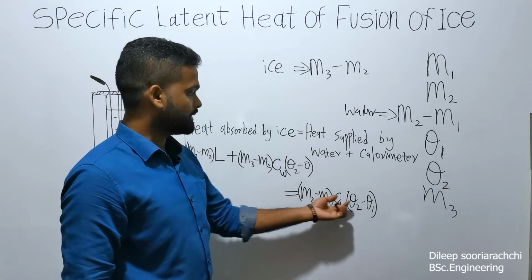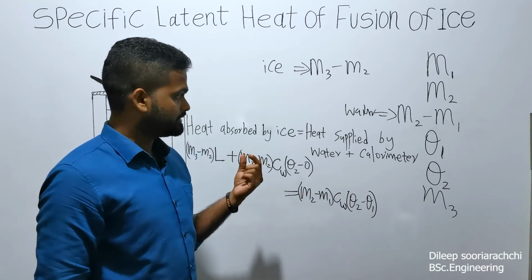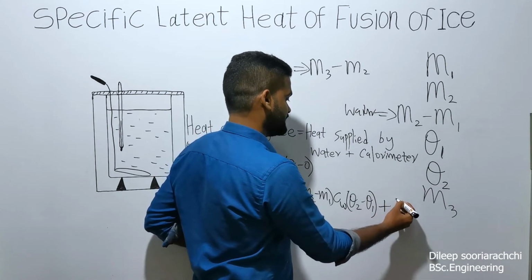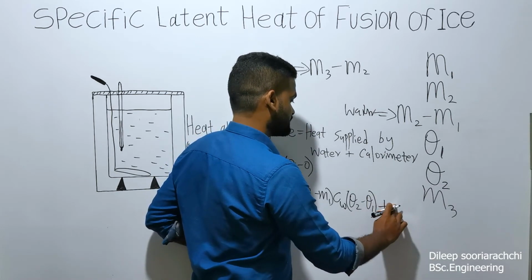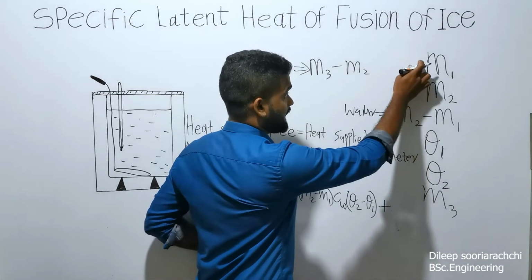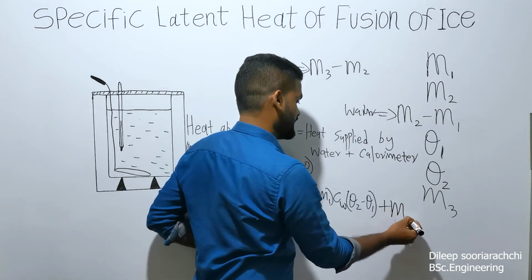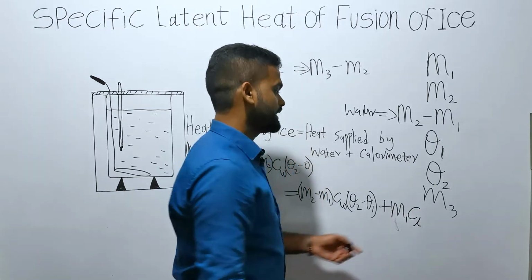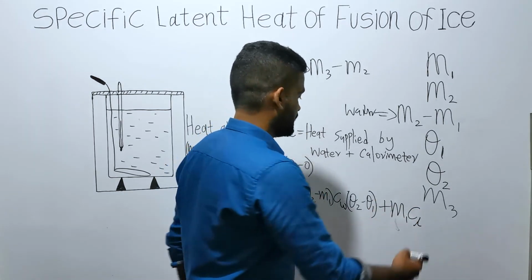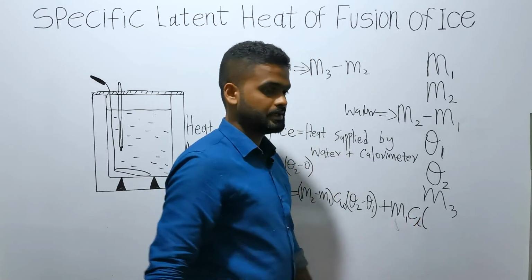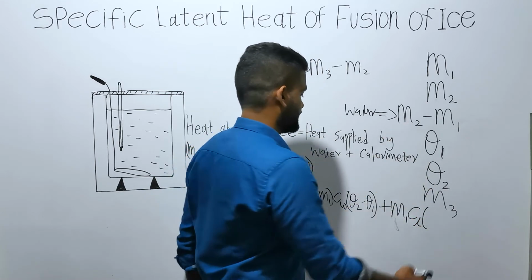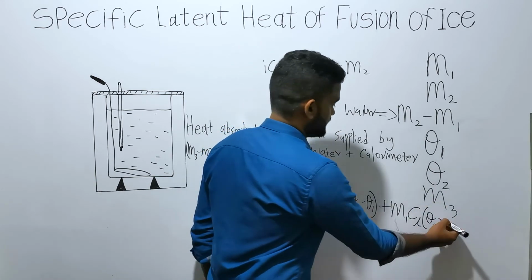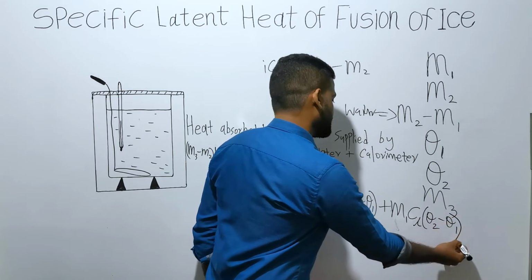This is the heat supplied by water. And then we have the calorimeter, which also supplies heat. The mass of the calorimeter is M1, the mass of the empty calorimeter, multiplied by the specific heat capacity of the calorimeter material and the temperature difference, theta 2, the final temperature of the system, minus the initial temperature.